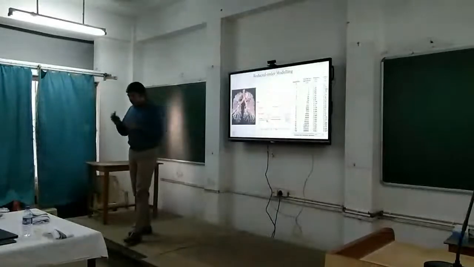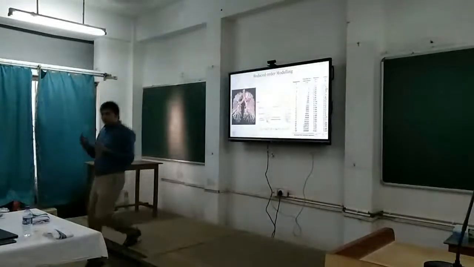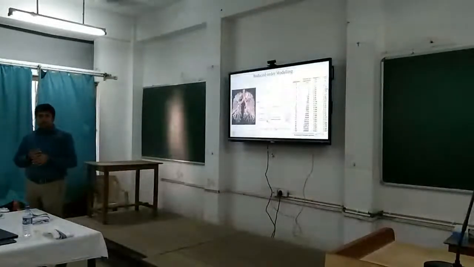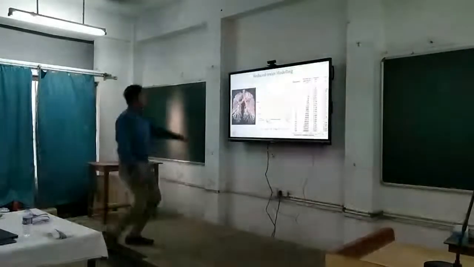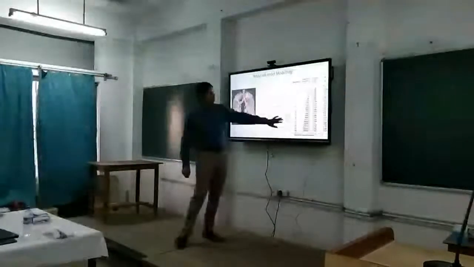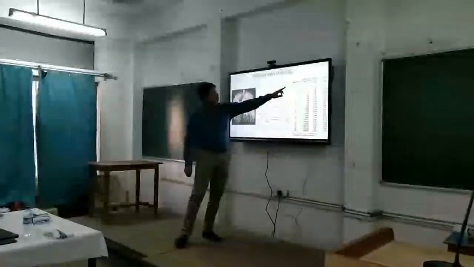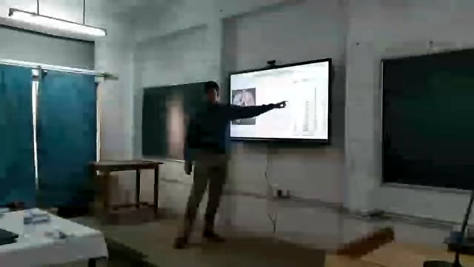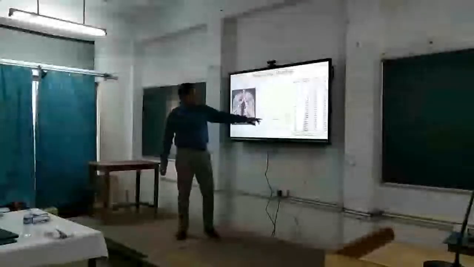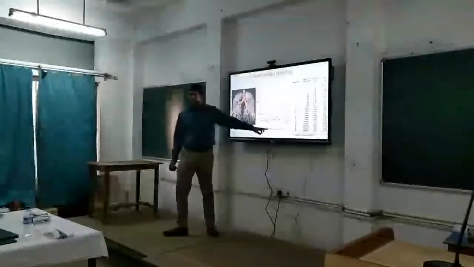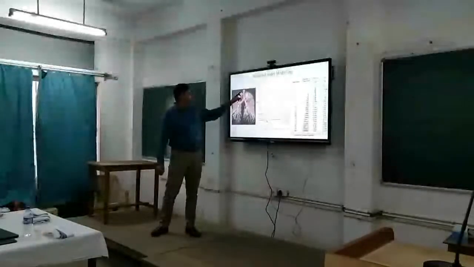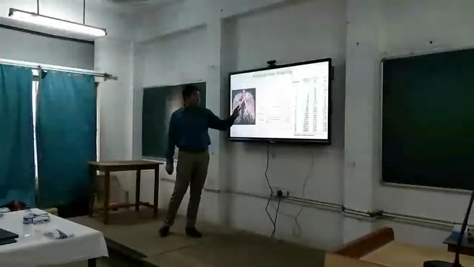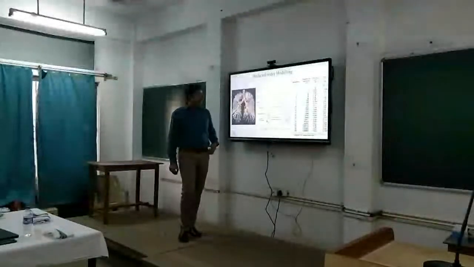There are 23 generations, and the number of branches per generation we can model as 2 to the power n, where n starts from 0. So for the first generation there is only 1, for the second there are 2, and so on.